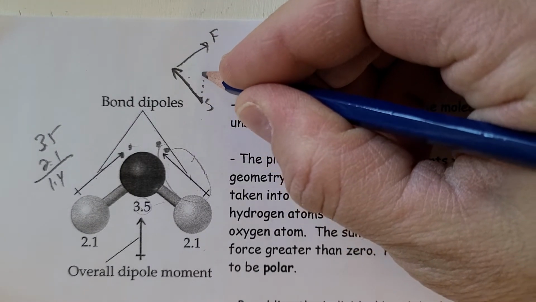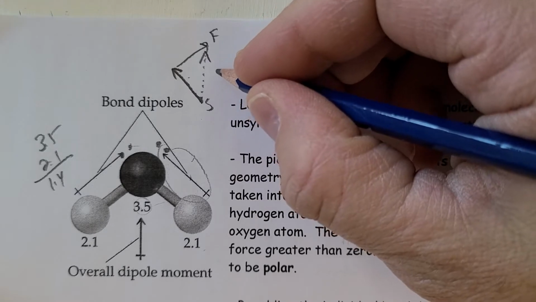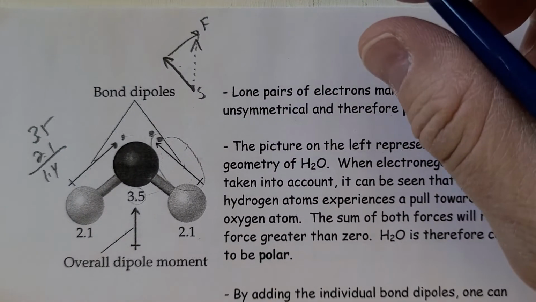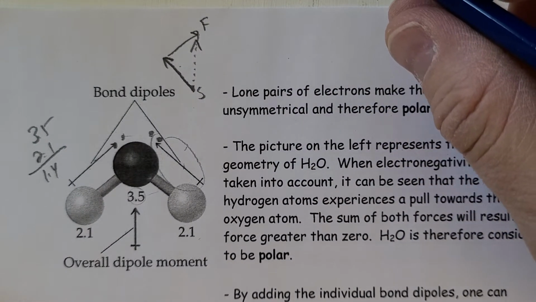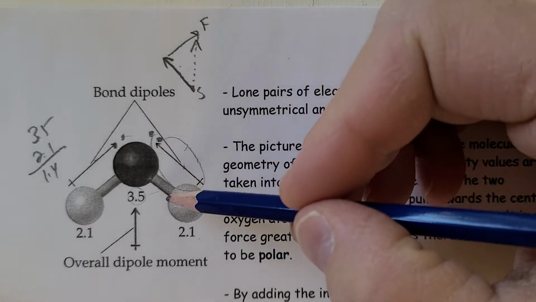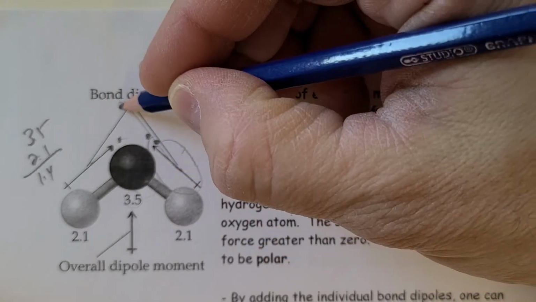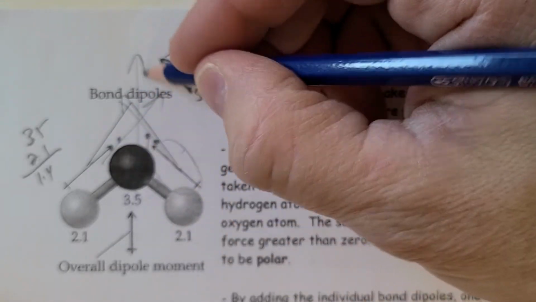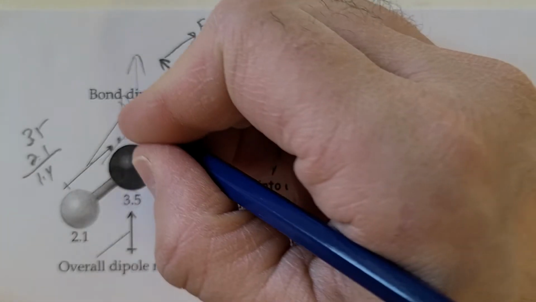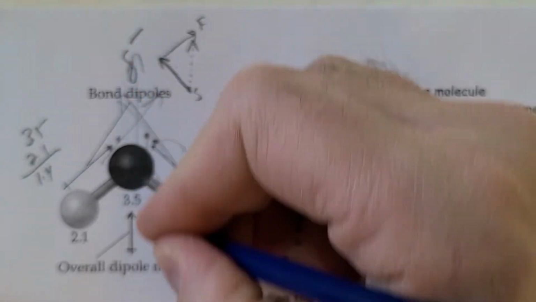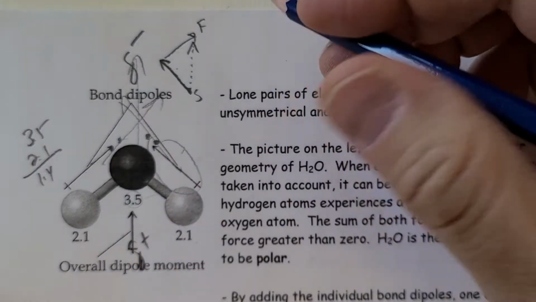So you can see there is a net force. Our final spot is not equivalent to our initial spot. So we will have a pull upwards, making this slightly negative and this slightly positive.